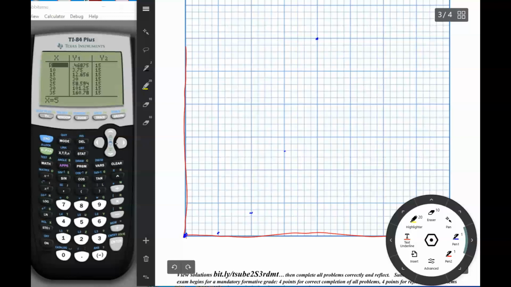And I am already off the screen, so I can stop there. So this is my function.